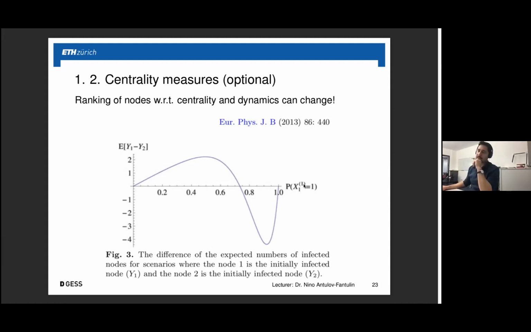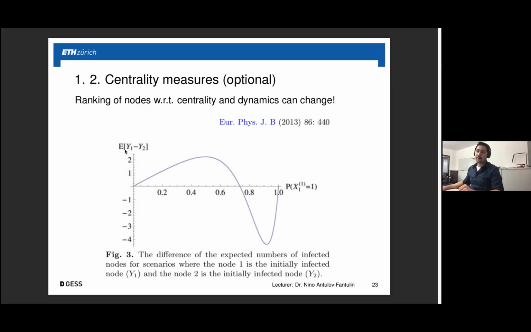Now, what I wanted to show you in this graph is that what we are changing on the x-axis is the probability that a node infects one of its neighbors in asymptotics of time. So this goes from 0 to 1. This is essentially the effective parameter of this dynamics. If p is 1, it means with almost certainty you will infect your one neighbor. And if it's 0.4, it means with 40% you will infect it in asymptotics of time.